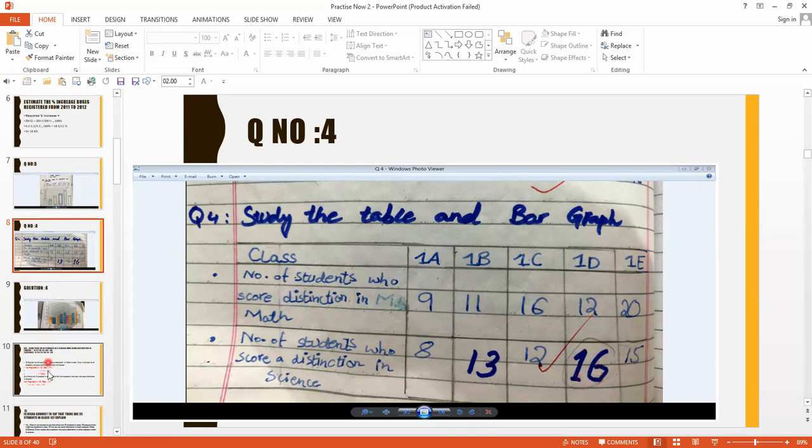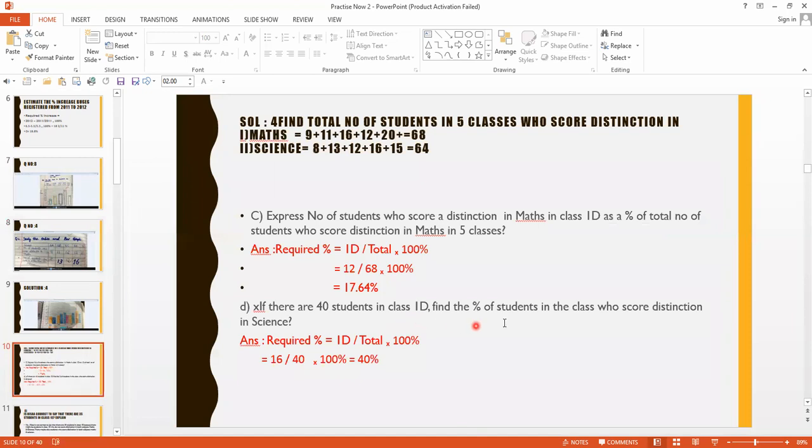And they are saying total number of students in 1D are 40. They gave you in the question. So how you have to find its percentage? First we take the value of students who got distinction in 1D, that are 16, then divided by total number of students in the class, that are 40, and multiply by 100%. And what will be your answer? After cancelling, you will get 40%.